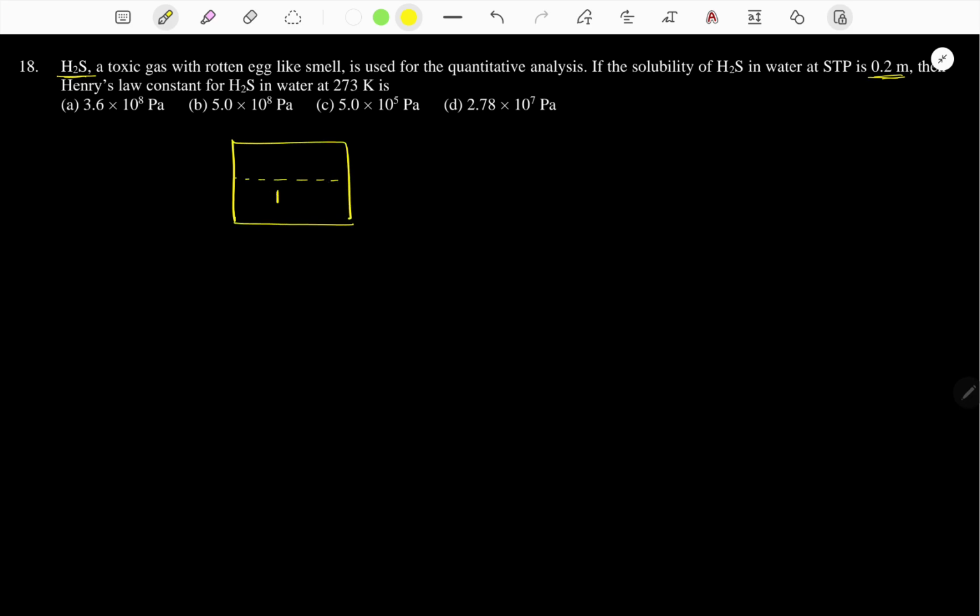Here there is water, and H2S vapor is there, and some amount of H2S is dissolved in water. The H2S molality in water is 0.2, and we know the Henry's law equation, P is equal to Henry's law constant into mole fraction. The pressure is at STP condition, that means 1 bar or 1 atm.